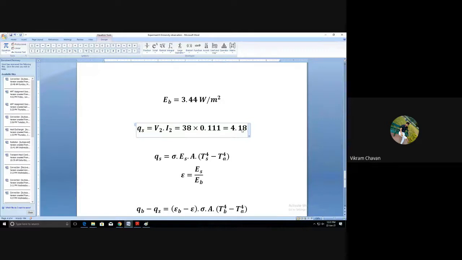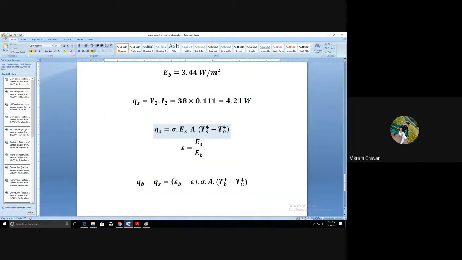Or 3.18? 4.21. Okay. So Q suffix s is 4.21, and it will be watt per meter square only. Q suffix S, no, only that.